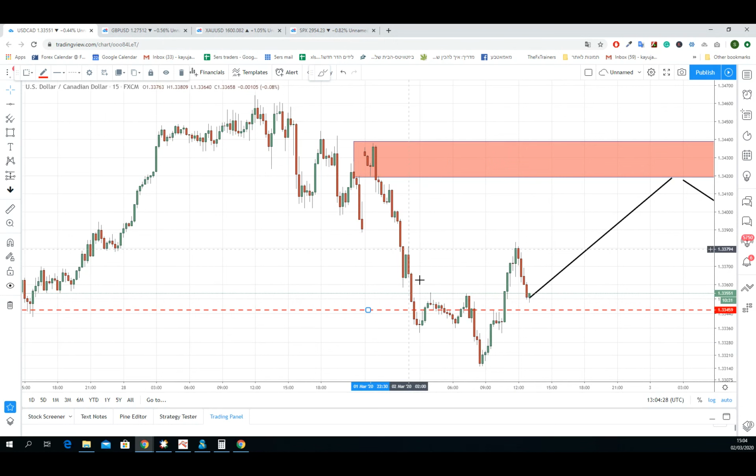That's it. We see here after this downtrend, we can see the bottom and the top and the lower low, right? As we can see, always in a downtrend: low, top, lower low, and the price suddenly creates a new high, higher than the last one.